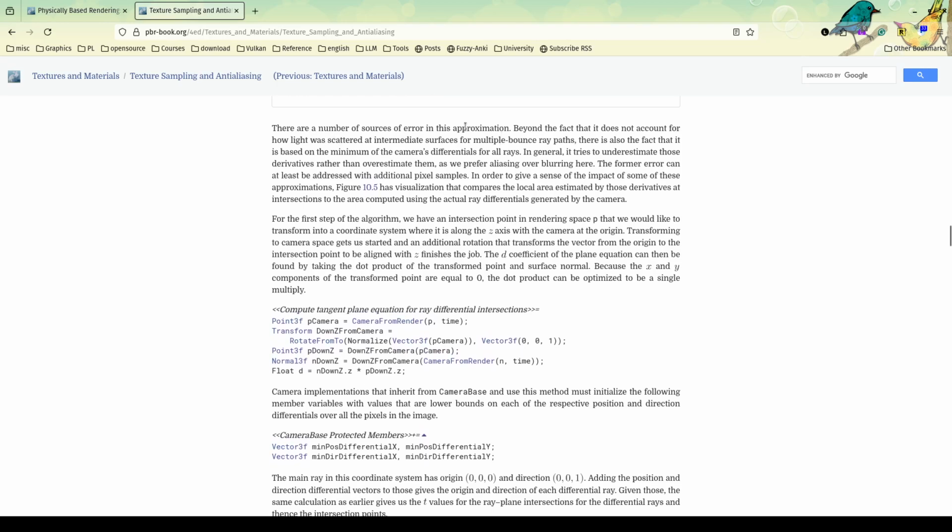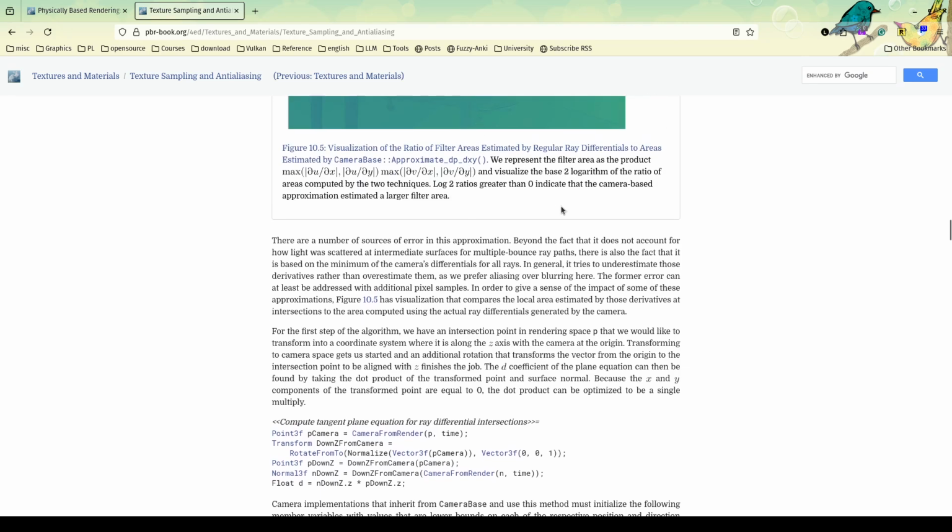There are a number of sources of error in this approximation. It does not account for how light was scattered at intermediate surfaces for multiple bounces, because we just use the camera directly. There's also the fact that it's based on the minimum of the camera's differentials for all rays.